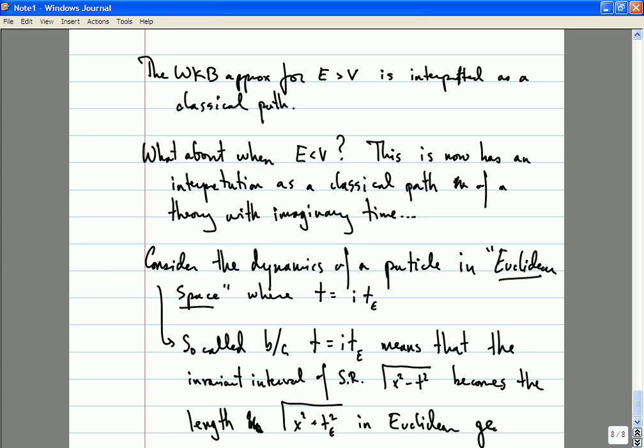Very often, when you consider more sophisticated applications of quantum mechanics, you will see that formulating classical dynamics in terms of an imaginary time variable is very useful for understanding quantum tunneling processes. It's also very useful for understanding all sorts of other processes, as we'll discover later in this course. So, why is this useful?